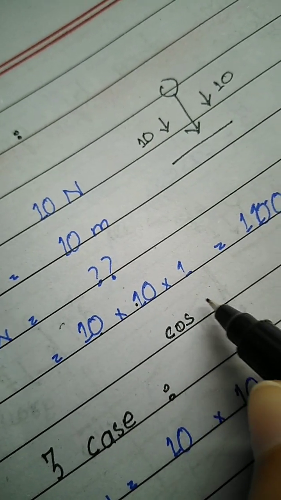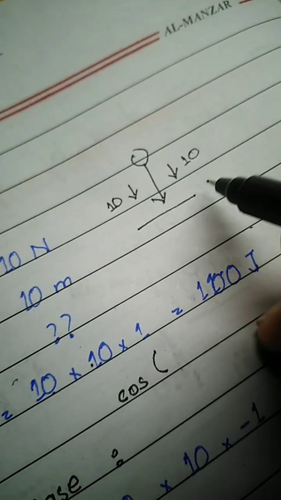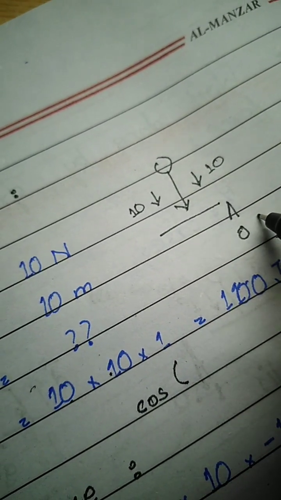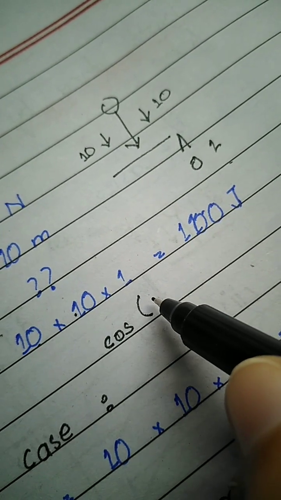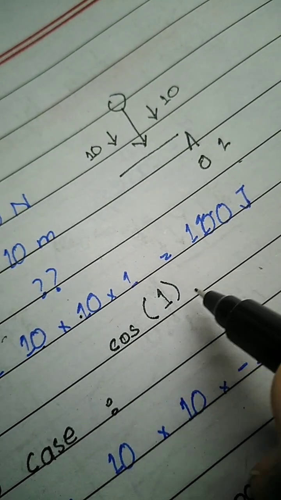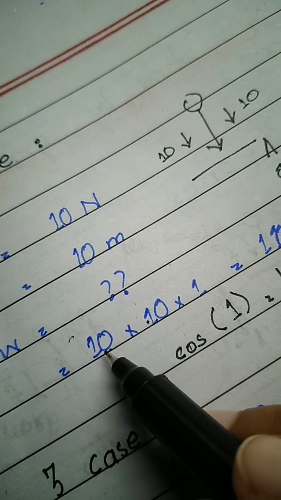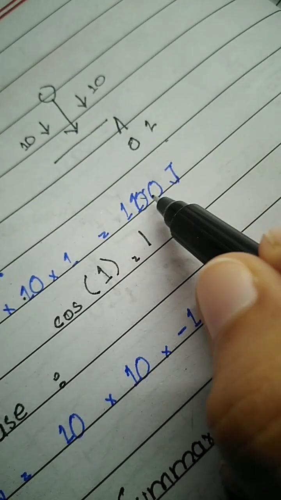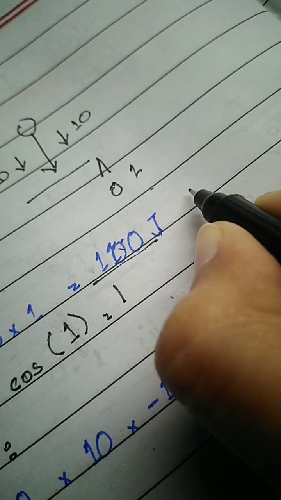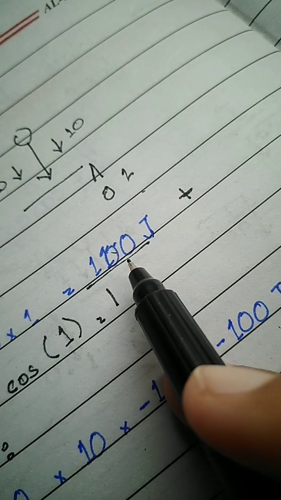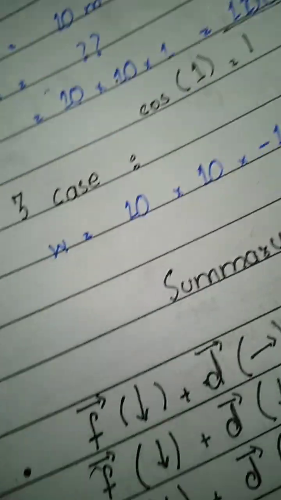Now here the angle is, we can say, 0, so cos 0 is equal to 1. So we will just multiply 10 into 10 into 1. The answer will be 100 joule, and 100 joule is positive. So the answer is positive, 100 joule, and that's all about the second case.